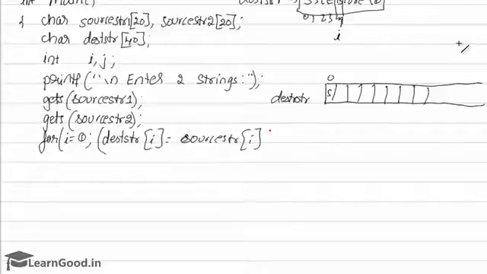The copying has to be done till you come across a \0. So while it is not equal to \0, then here i plus plus, semicolon. It's a single line loop, so I've given a semicolon. So S has been copied to dest str of i, S is not equal to \0, goes to this place, i plus plus.